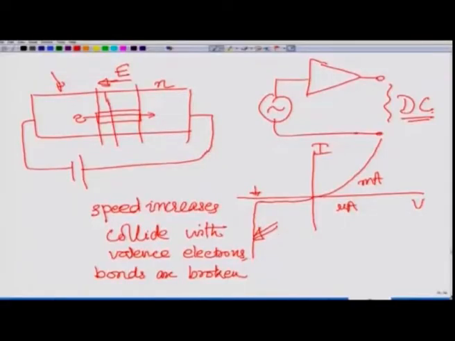That is one reason for this kind of breakdown. Now, this mechanism, which is there for all moderately doped semiconductors, Pn junctions, is known as avalanche breakdown.